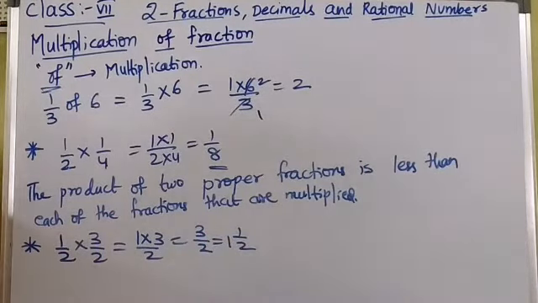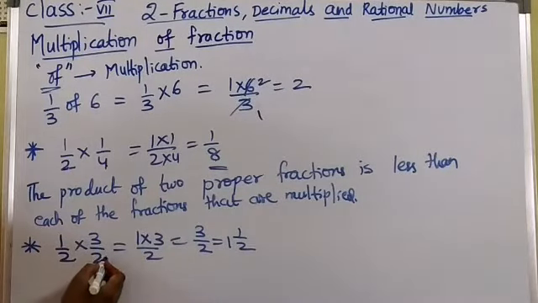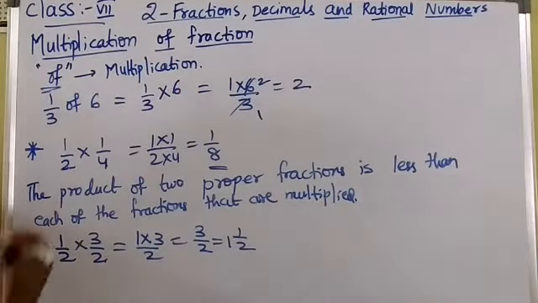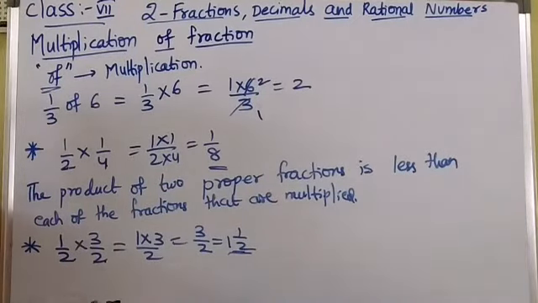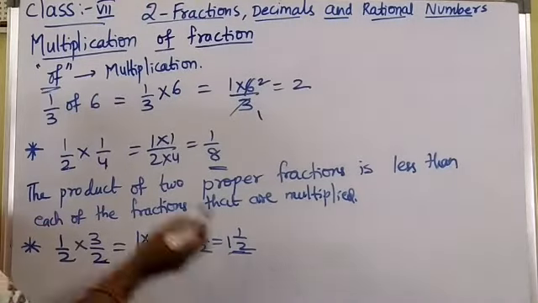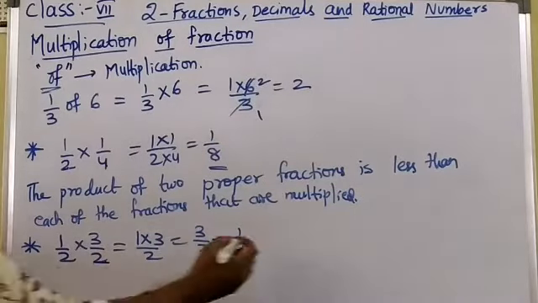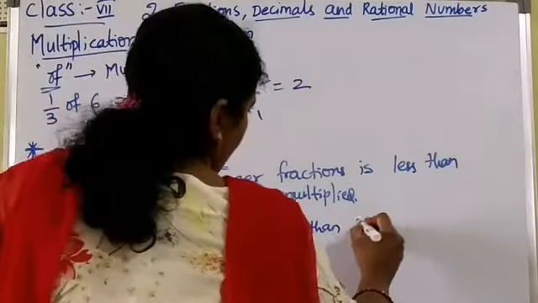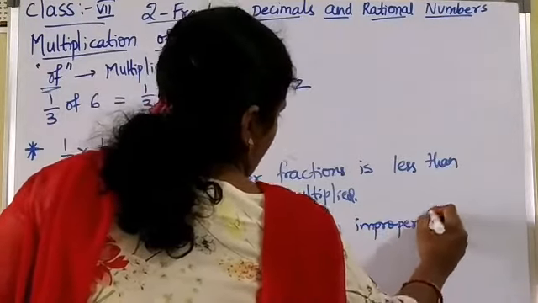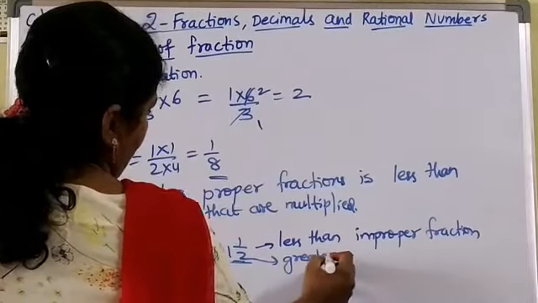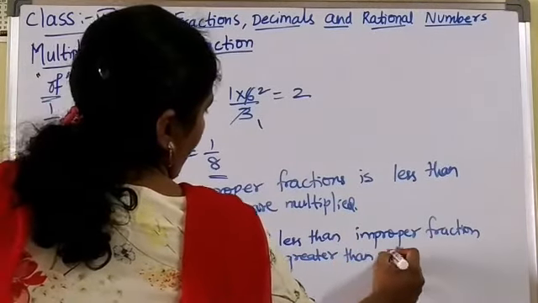Now here, when you multiply a proper and an improper fraction, the product is less than or equal to the improper fraction, here you got the same answer, but greater than the proper fraction. This answer is less than or equal to the improper fraction and greater than the proper fraction.